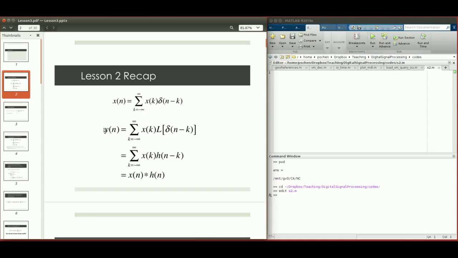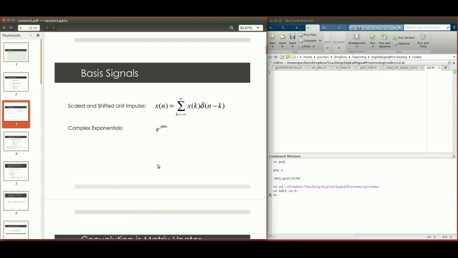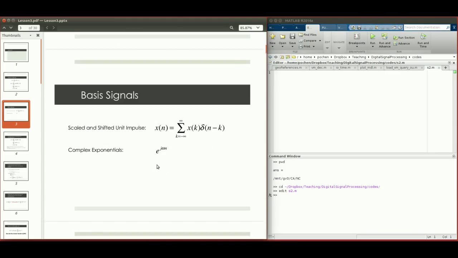Then the output yn can be expressed as the same kind of linear superposition of shifted impulse responses h, and the weights are identical to the weights used here. This particular summation is expressed using a star, a convolution operation. That's what we call the convolution, and that's probably the most important result that we have reached in lesson 2.